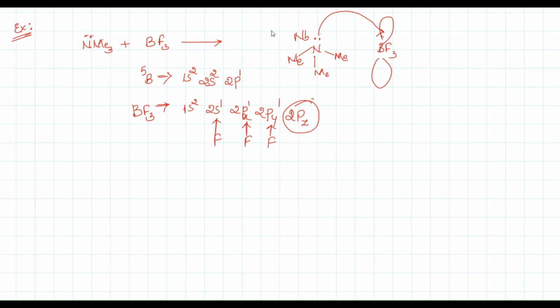So which one is HOMO? The non-bonding electrons of nitrogen will become the HOMO, and this is the LUMO. How were the electrons shifting? The non-bonding electrons of nitrogen will shift towards the vacant p orbital of boron, right? Like this we have to solve the questions.